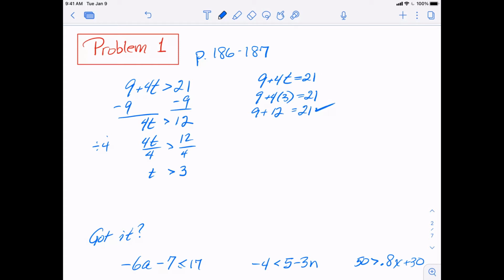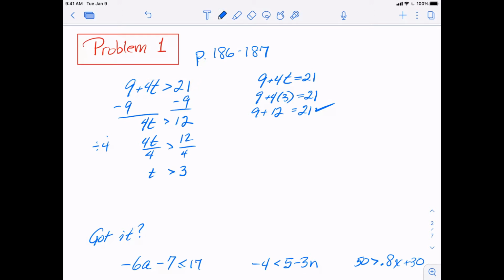That's correct. Now the next part of checking the answer is to pick a number that is not 3 and see if it solves or does not solve the inequality. In this case, since the inequality is t is greater than 3, we're going to check the number 4. And when we do, it should agree with this inequality, make it true.